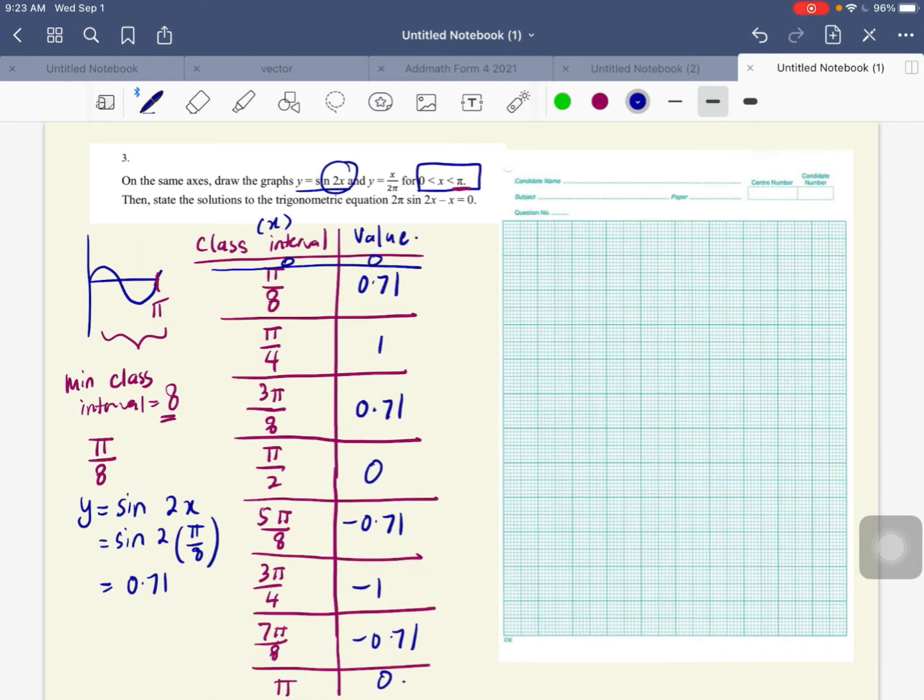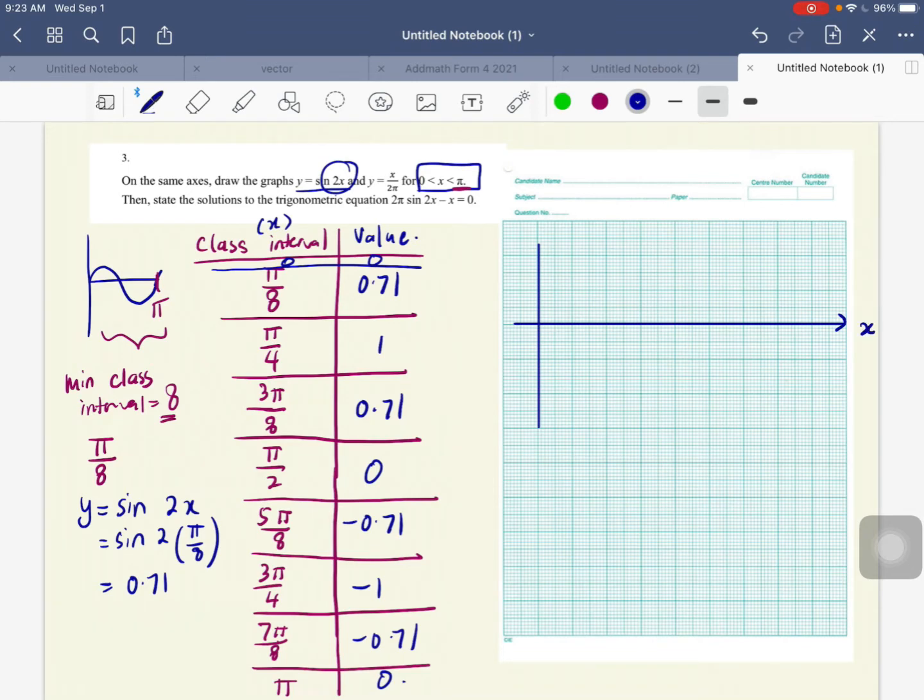This is the time where we have to draw the graph. We have 8 class intervals, and this is our x.